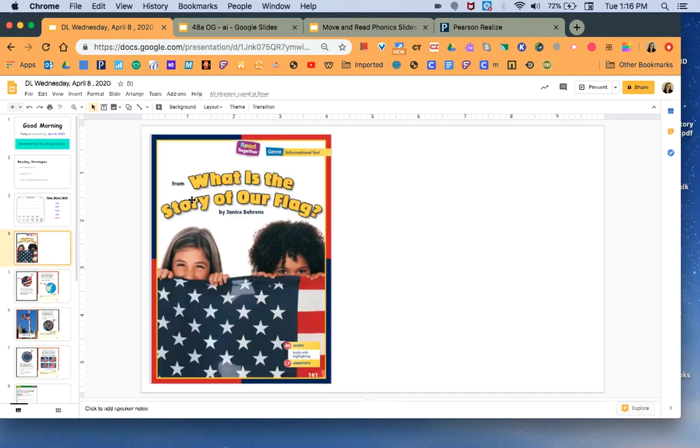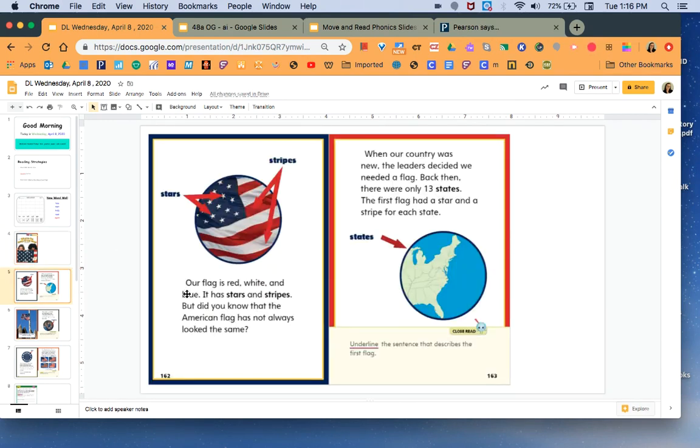Oh, let's go back to that title. So, reading fingers ready? Here we go. What is the story of our flag? Our flag is red, white, and blue. It has stars and stripes. But did you know that the American flag has not always looked the same?